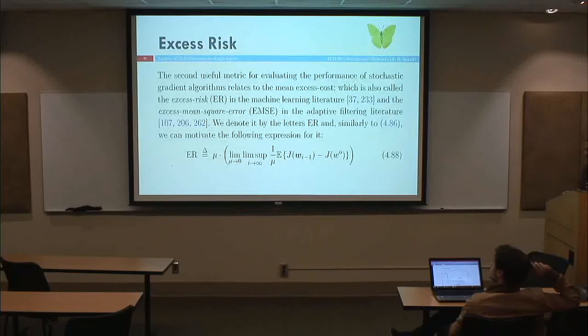So that's for the mean square deviation. So the mean square deviation is essentially telling you what this quantity is. So this is the intuition of the definition. If you look at the value of this quantity in steady state, it will give you an expression for it to first order in mu. Okay?